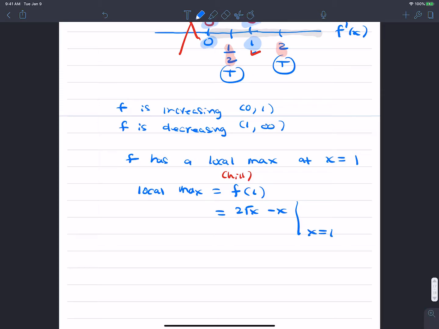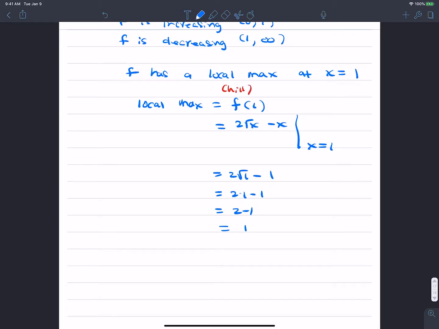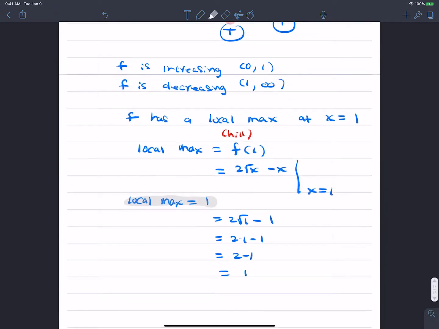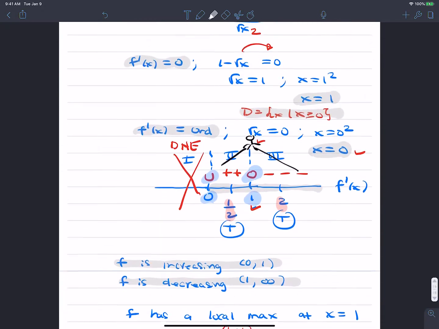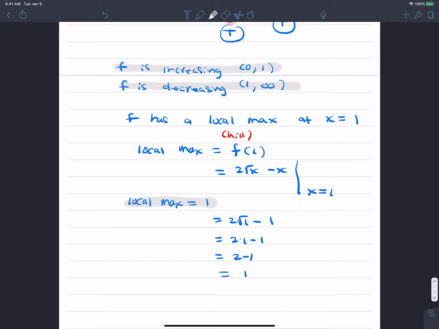Evaluate this at x is 1. So we get 2 square root of 1 minus 1, or 2 times 1 minus 1, 2 minus 1, and that's 1. So here's your local maximum value. Okay, let's summarize it right here. Local max is 1. This information is going to be useful. We're going to notate that. We highlight that, but that's a lot of good information.